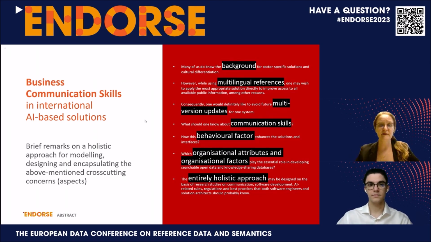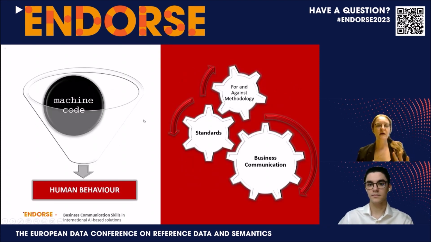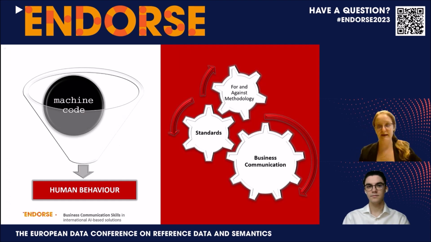What we've recognized within our research is that first of all, the expectations are to somehow translate the machine code into human behavior. It's not just about translating human behavior into machine code, but we are expecting that something that maths can do will be as close to human behavior as one can reasonably expect.